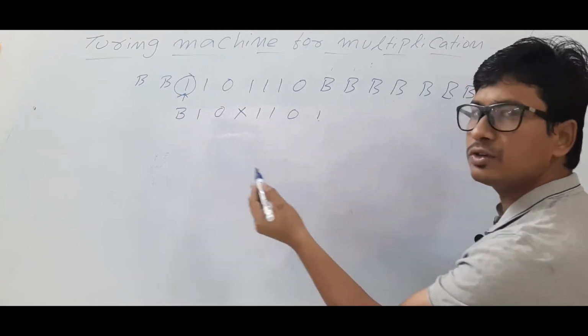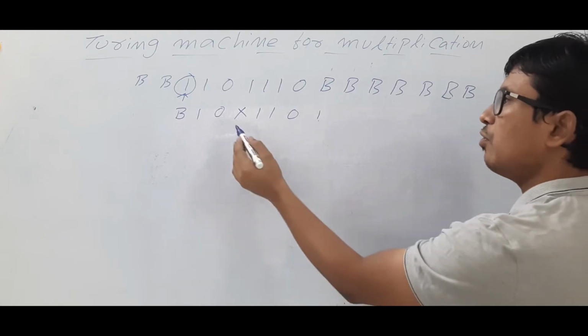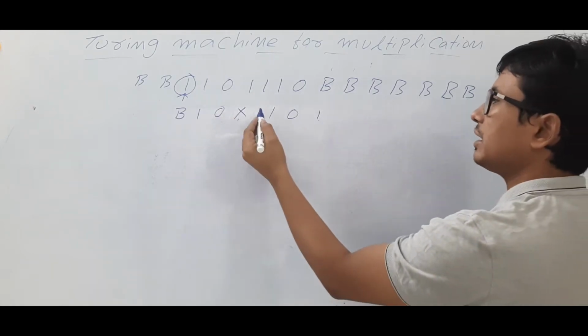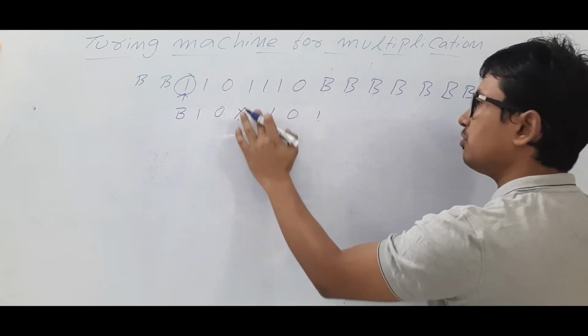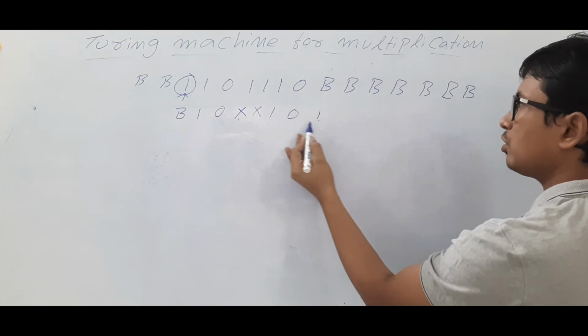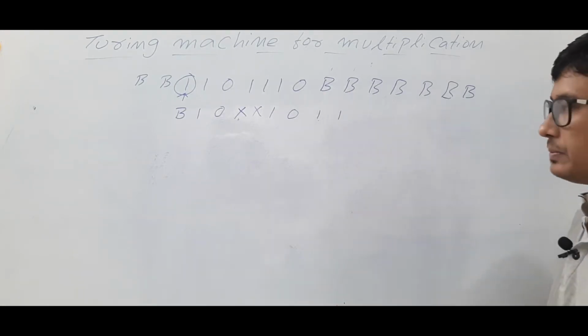Any number of zeros you keep as they are, any number of ones you keep as they are. When you get an x, keep it as x and move to the right. This one again you modify to x. Then keep on going. Whenever you get a blank, you modify it to 1.